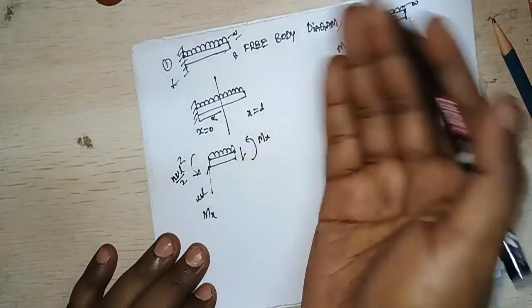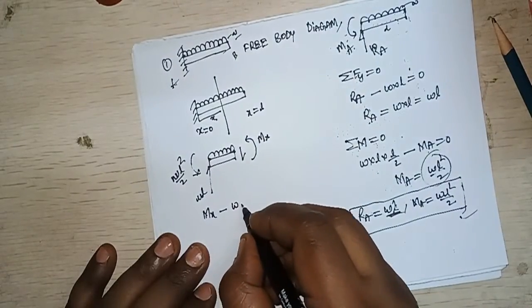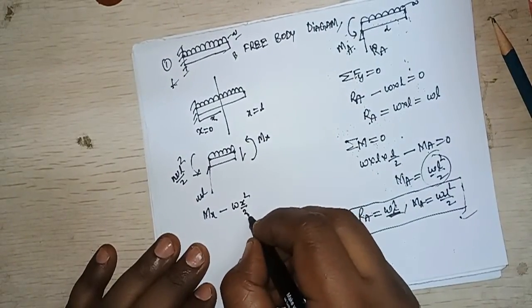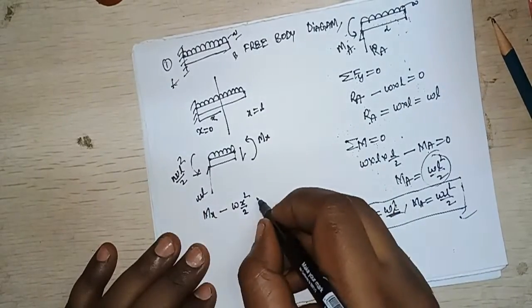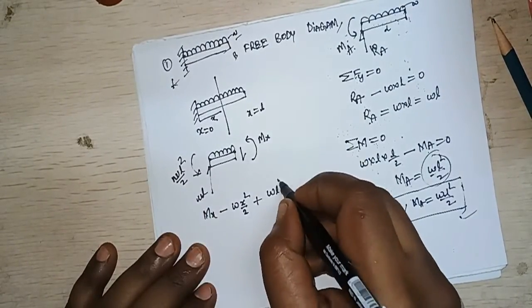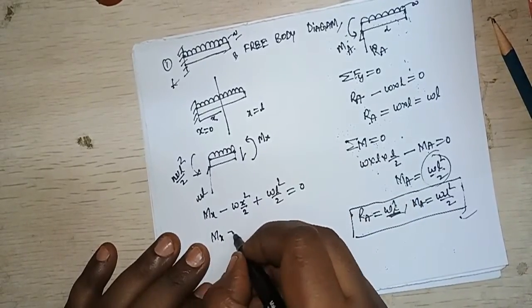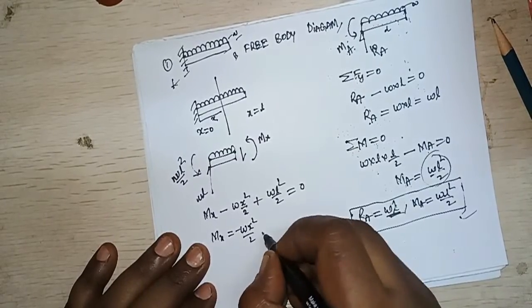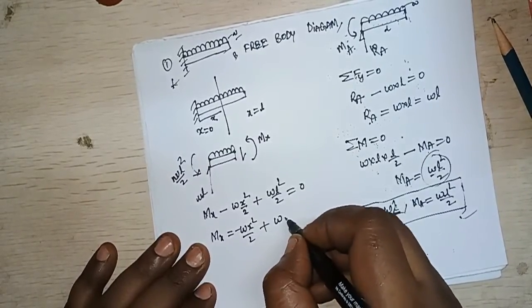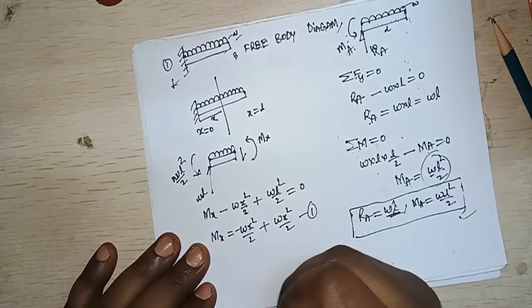Now this load is going down, minus W into x square by 2, and this is also following it, plus W L square by 2 is equal to 0. Mx is equal to minus W L square by 2 plus W x square by 2. This is 1.